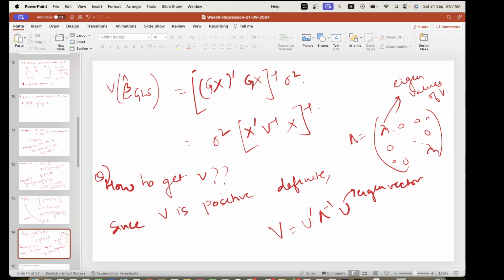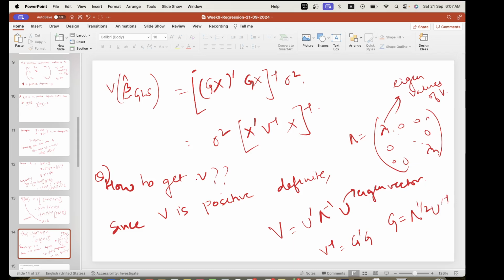Then we just have to get V inverse from here. So V inverse would be G transpose G, and from here we can see that G is actually lambda to the power half into U prime inverse.